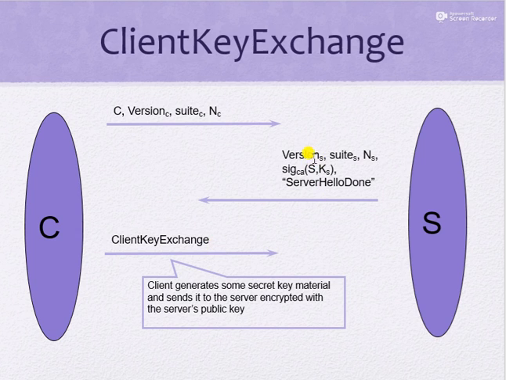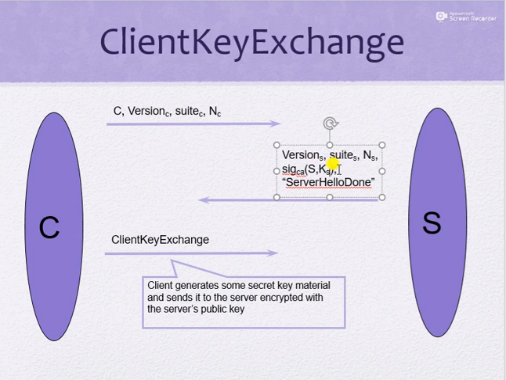The actual contents of the message sent by the server are version, suite, random number, and the signature on S, KS through CA. CA is the certification authority. So it signs S and KS using the certification authority's private key.